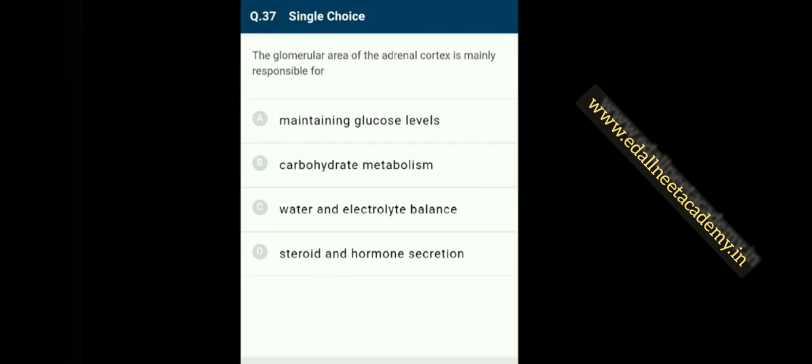Zona glomerulosa is the outermost layer and is responsible for the production of aldosterone, a mineralocorticoid, which maintains electrolyte and water balance in the body. Carbohydrate metabolism is regulated by glucocorticoids secreted by the zona fasciculata of the adrenal cortex. Zona reticularis is responsible for the secretion of steroidal hormones. So the answer for this question is option C, water and electrolyte balance.